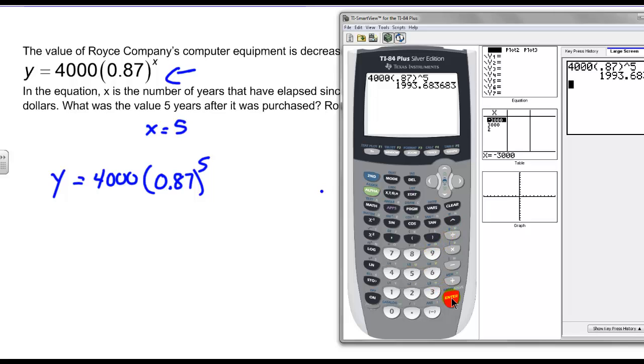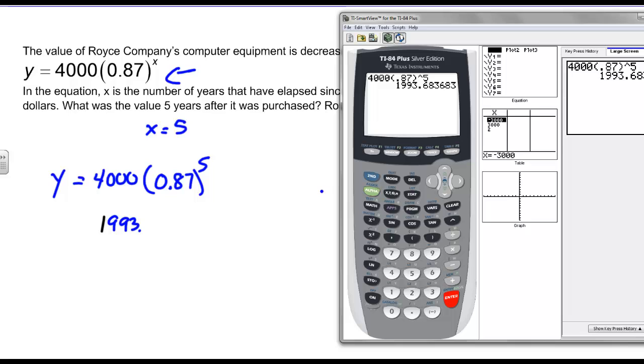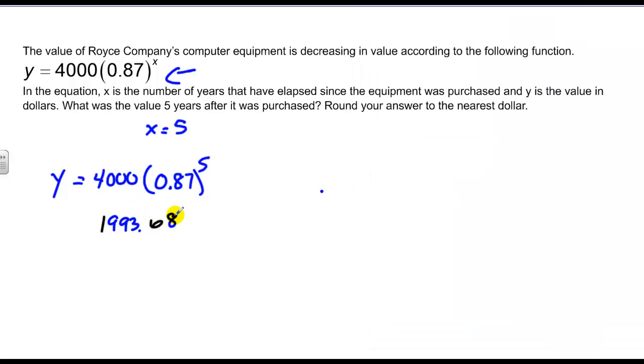And this gets me 1993 point, bring that back, 68. So this seems right because it's dropping. You'll notice this b value is a fraction between 0 and 1, so this is a decay problem. And it should drop.